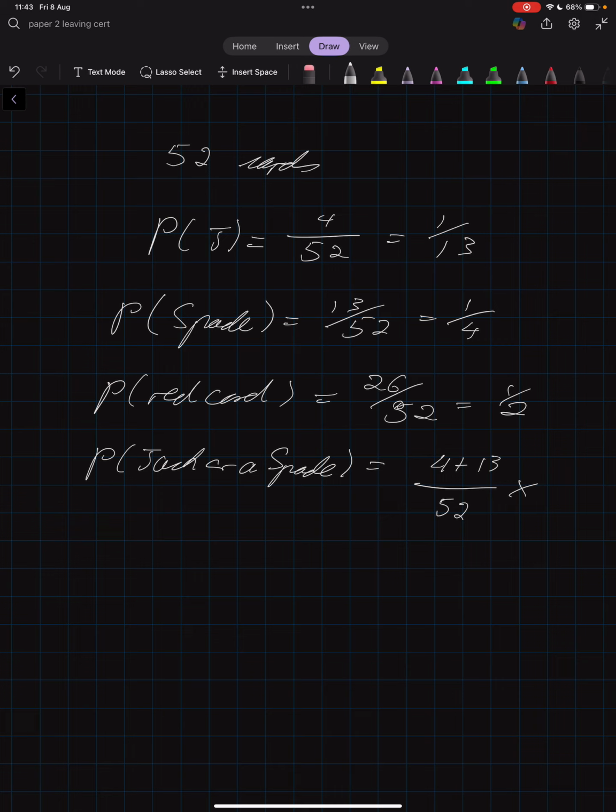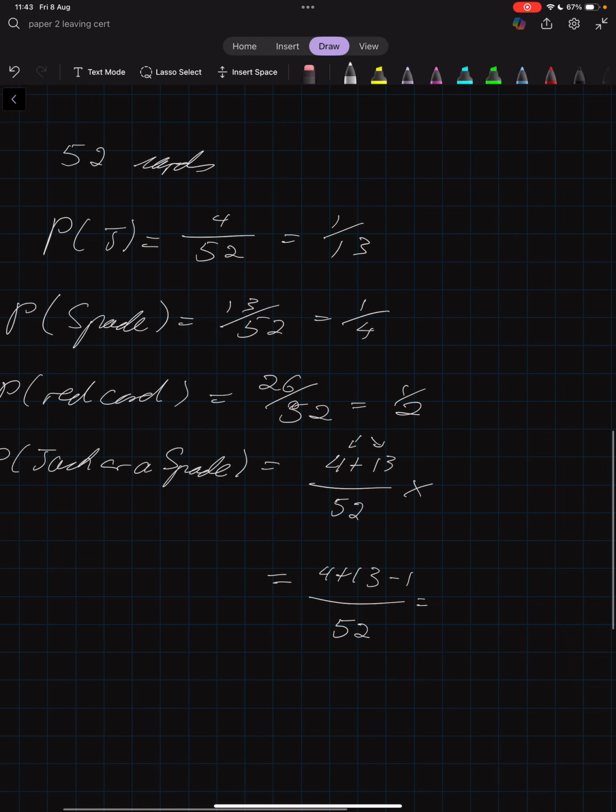Why? Because one of the jacks is a spade. So you have a jack that is a spade. So basically you're after counting that jack twice. So you need to do 4 plus 13 minus 1.